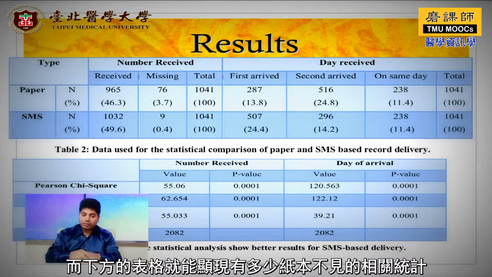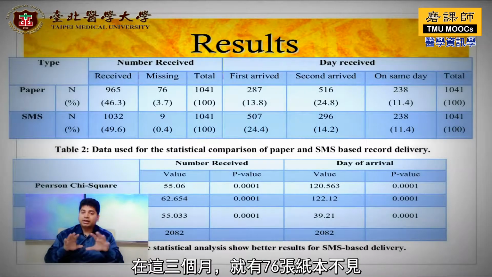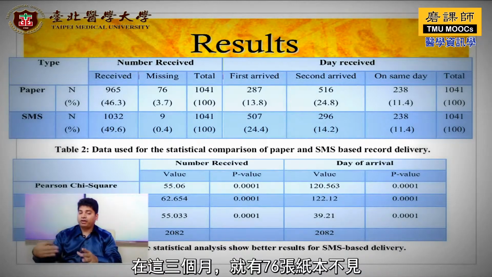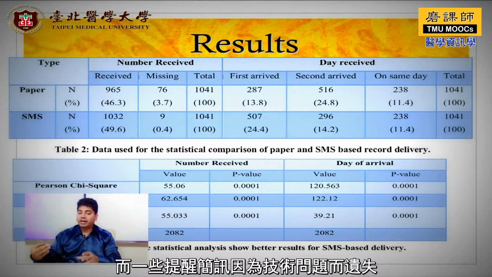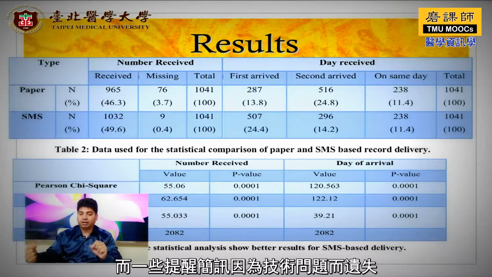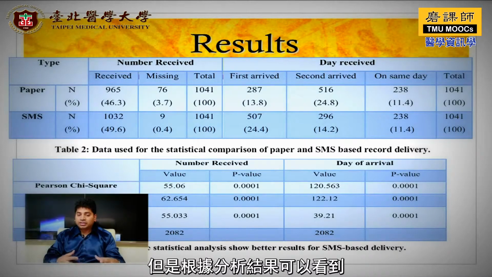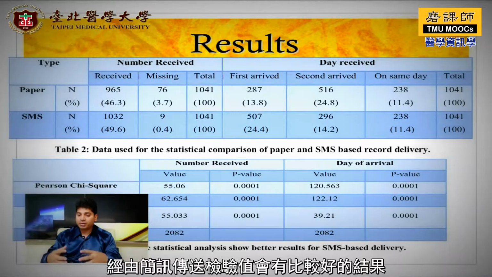And in table 3 you see how many were missing, because we were also worried about how many were missing. If you see here, 76 paper results were missing in these 3 months of our study, and there were 9 SMS missing, that was because of some technical problem. The statistical analysis shows better results for SMS-based delivery.